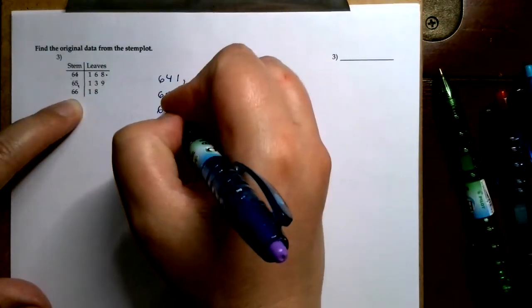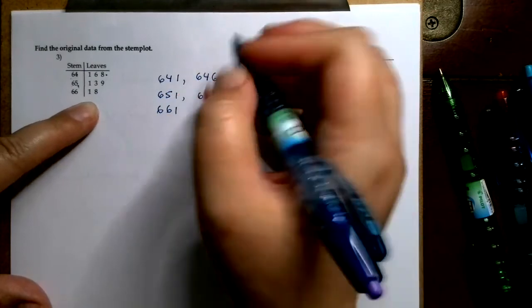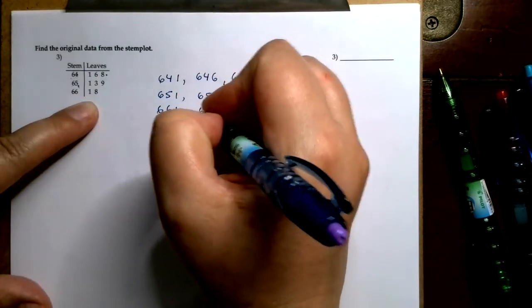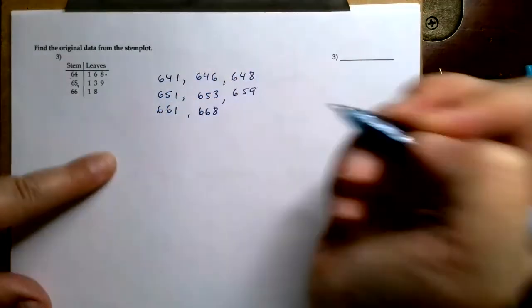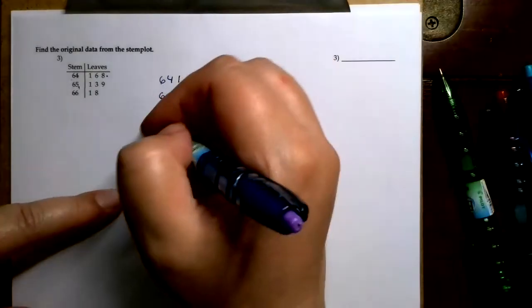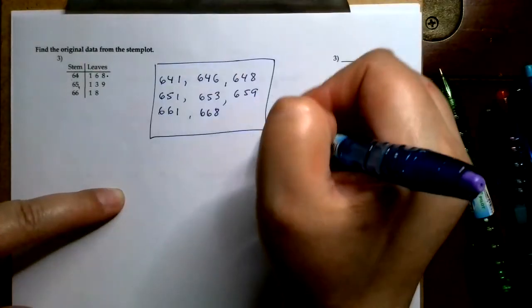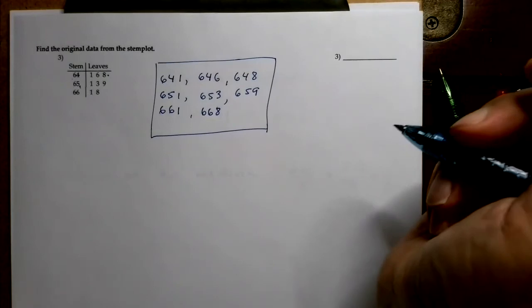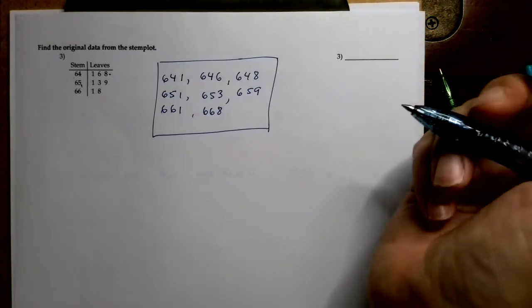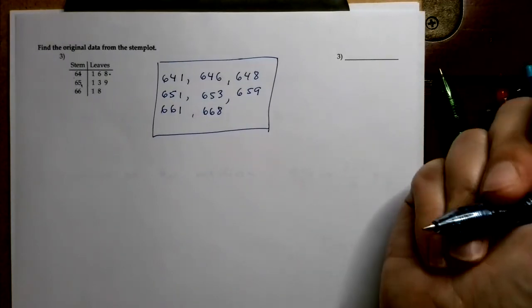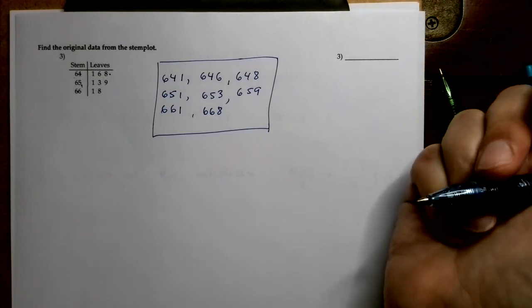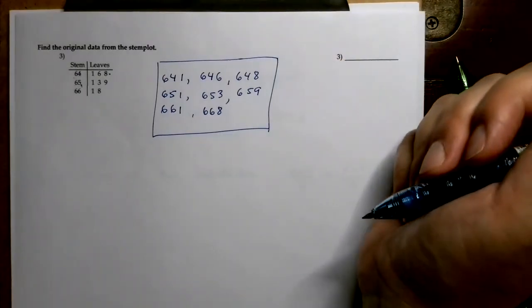So those would be 661 and 668. All right, so this is the original data set. Again, not in the same order as it was, but a lot of times we have to line it up from smallest to largest anyway. So here it is.